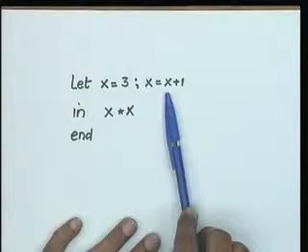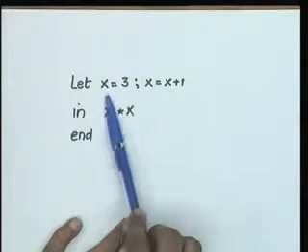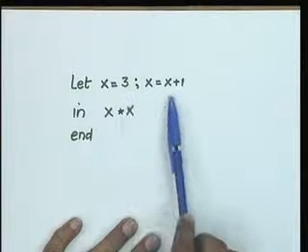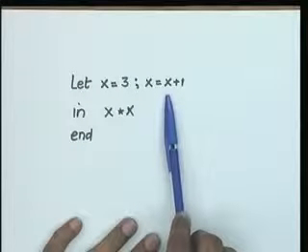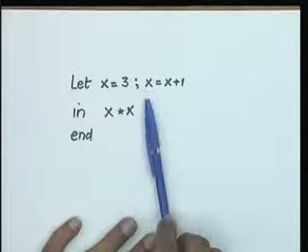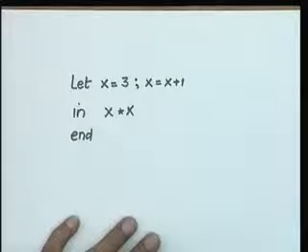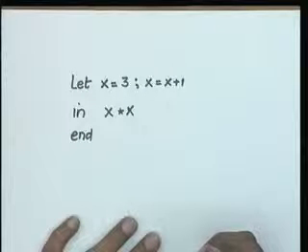The updated environment will have x equals 3 after you have processed this declaration, and that x equals 3 will be used to give you a new updation of x, which is x equals 4, and in that updated environment x star x will be evaluated, and so you're going to get 16. You can try this out in your ML environment, and it should perfectly allow such things.